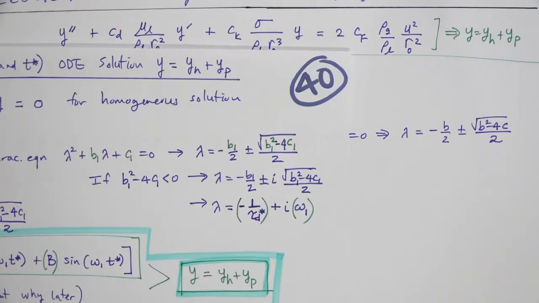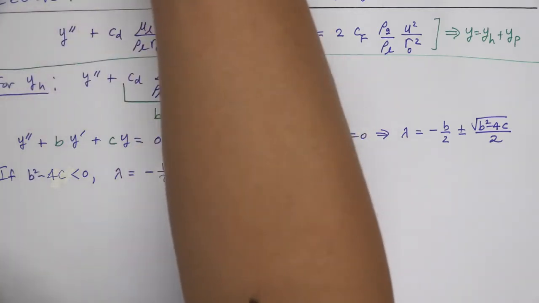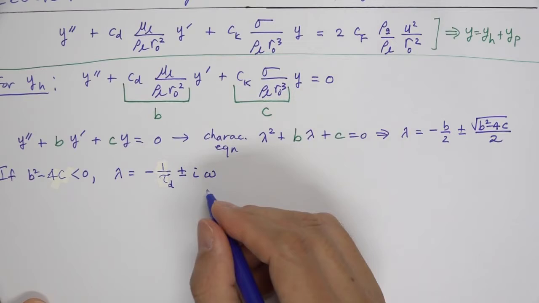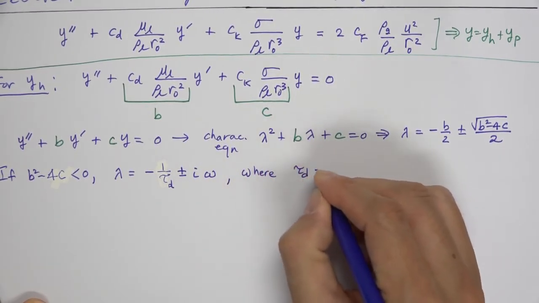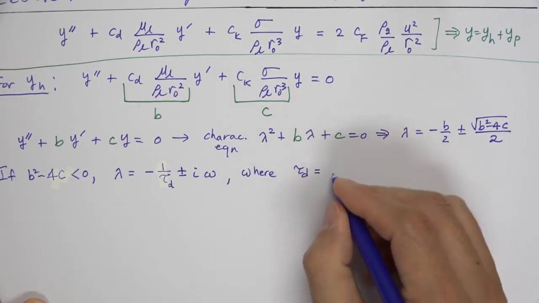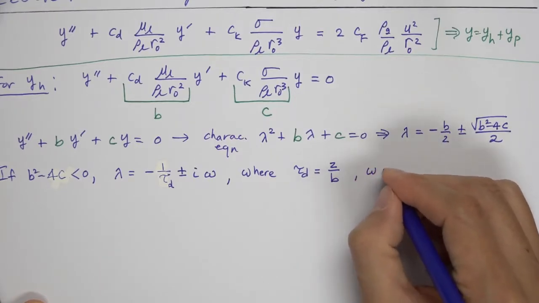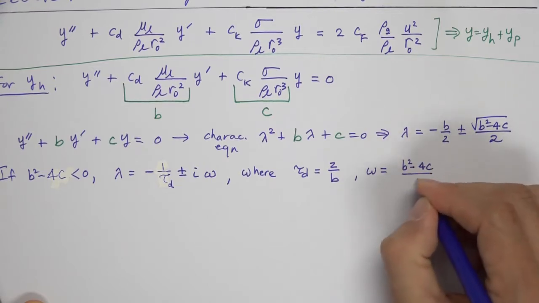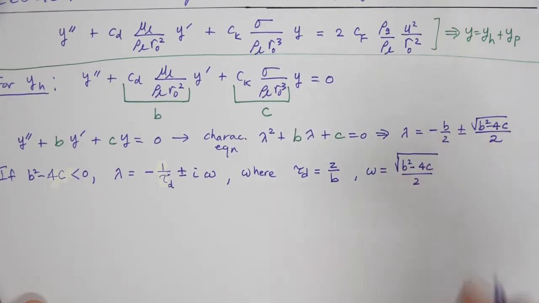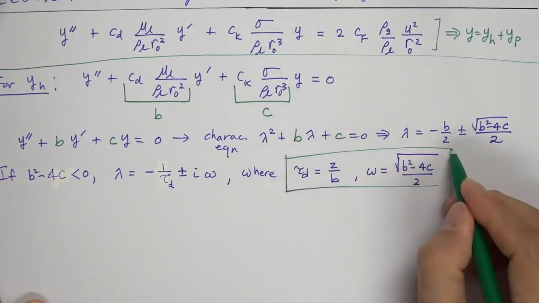Where tau d is equal to 2 over b, and omega is equal to the square root of b squared minus 4c, over 2. So this is something to remember.